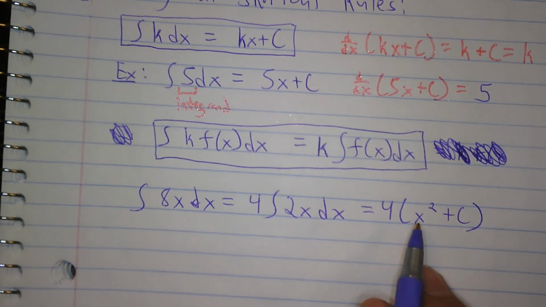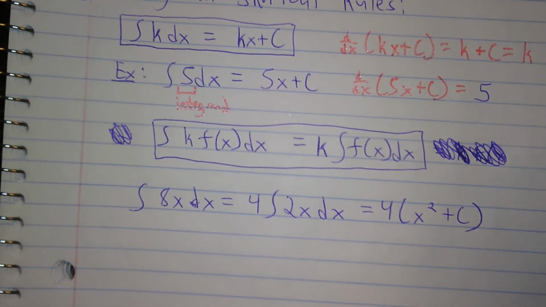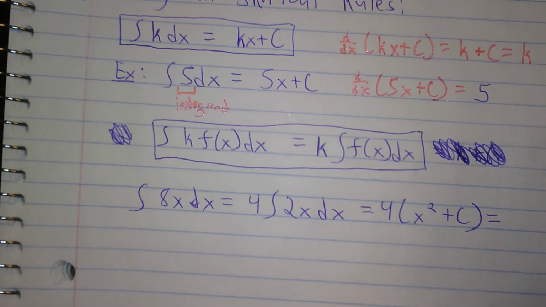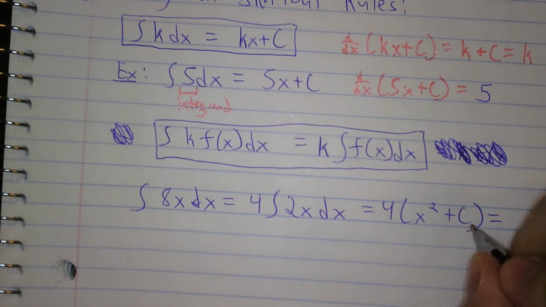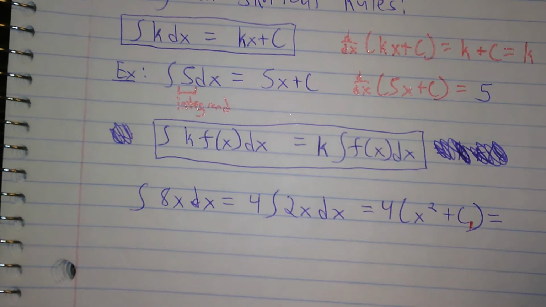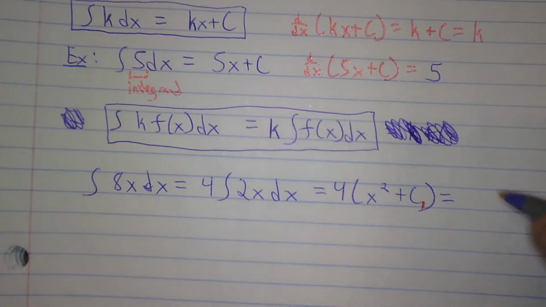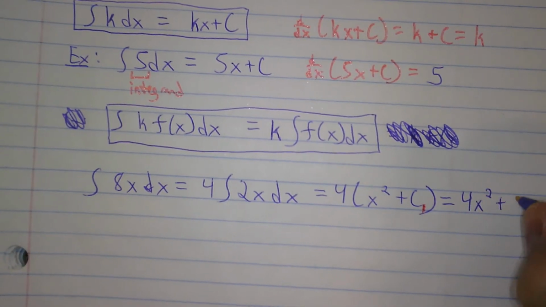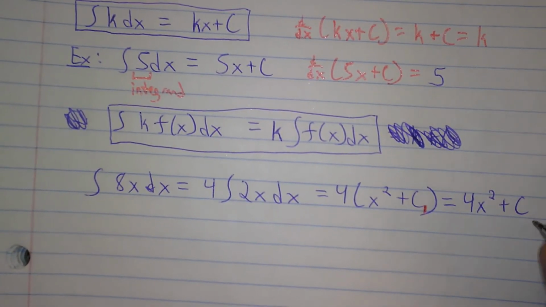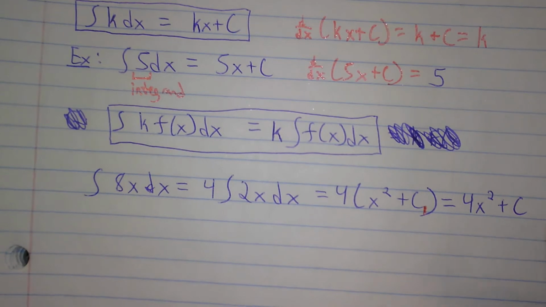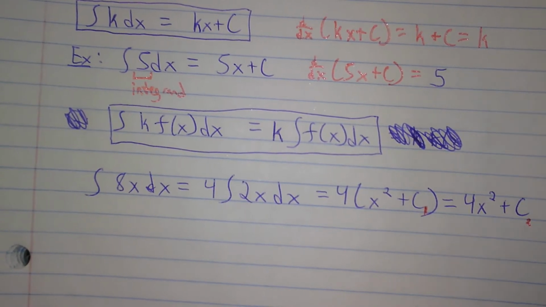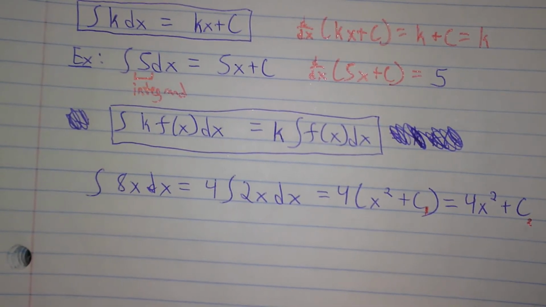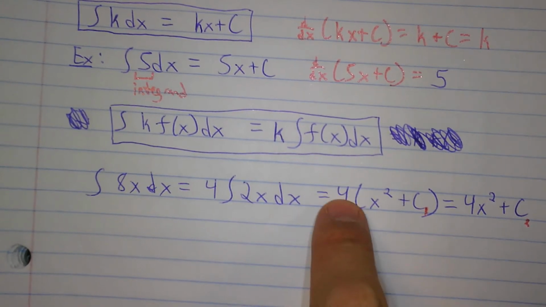Take the derivative of x squared, it's what? 2x. Okay. Now, something you just need to realize is this c out here is a constant, so I'll call it c sub 1 for now. When I actually multiply through, this is how you always multiply through, 4x squared plus c. Because this would be 4c sub 1, but this is now just c sub 2. And since it's just an unknown constant, you don't bundle up all this extra information.